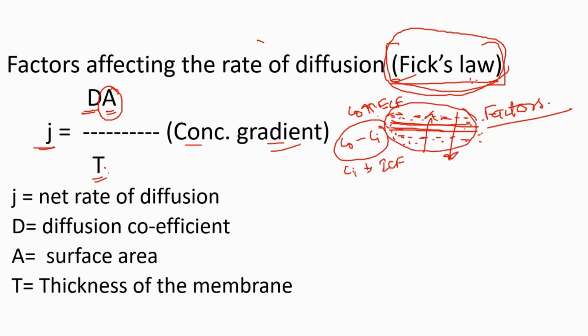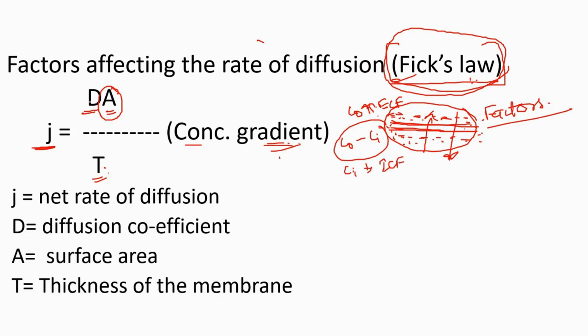So if the thickness is increasing, the net rate of diffusion will be less. Concentration gradient: the greater the difference in concentration on both sides of the surface, the greater the rate of diffusion.